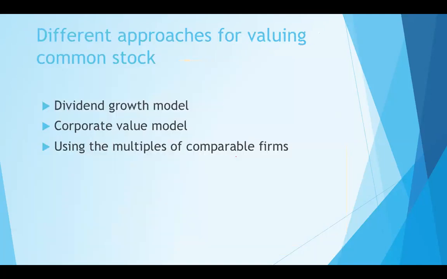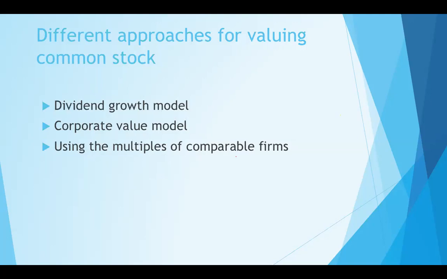So, as outsiders, how can we find the stock value, right? We have three main models to find the stock value. One is the dividend growth model. Today we'll talk about the dividend growth model. The second one, in the next lecture, we'll talk about the corporate value model.